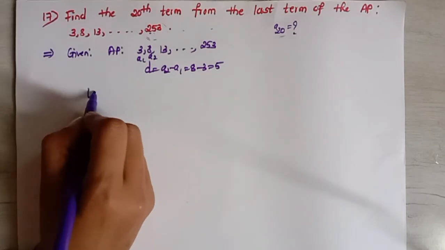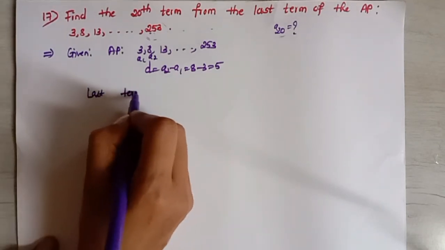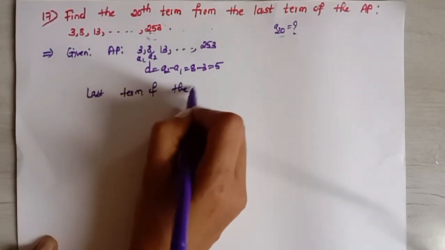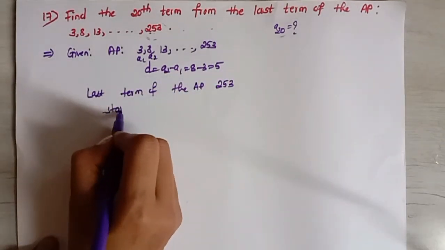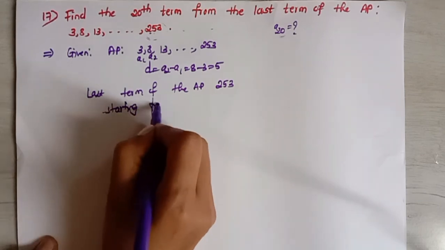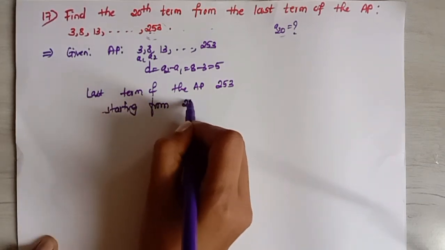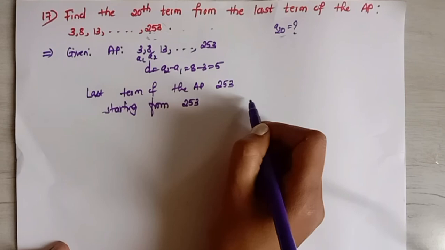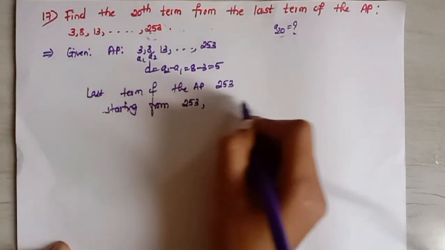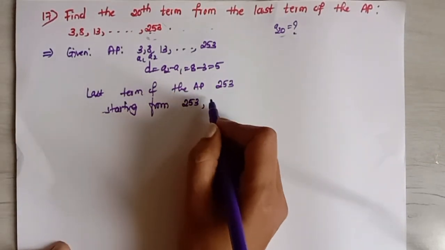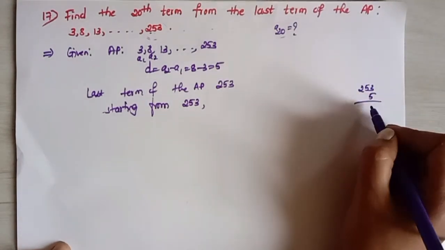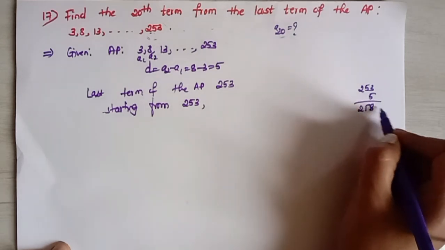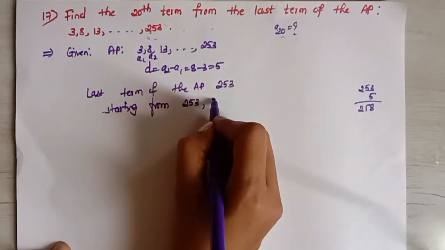So the last term of the AP is 253, right? So starting from this last term, that is 253, we have to find the next term. So here the next term is what? 253 plus D, which is 5. 253 plus 5. So this will be 258.